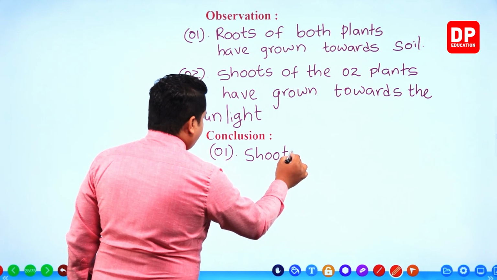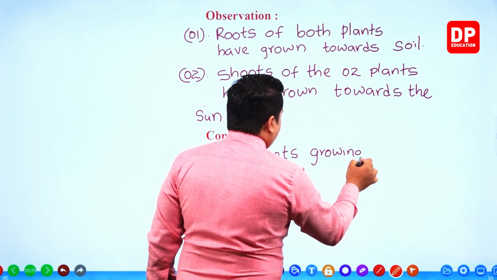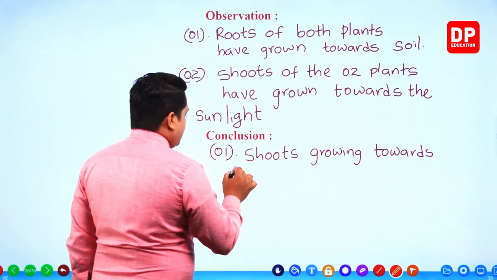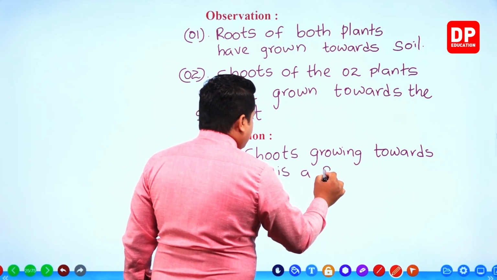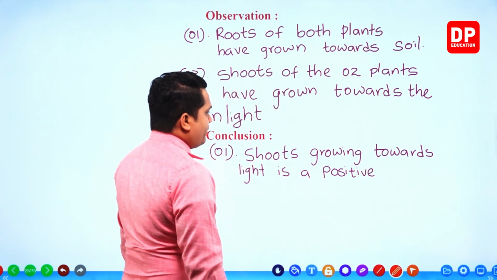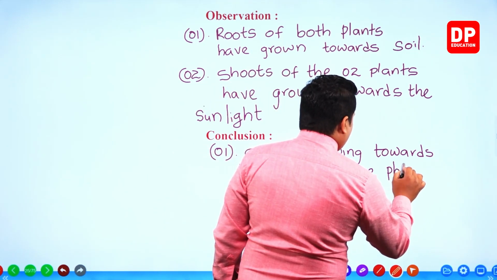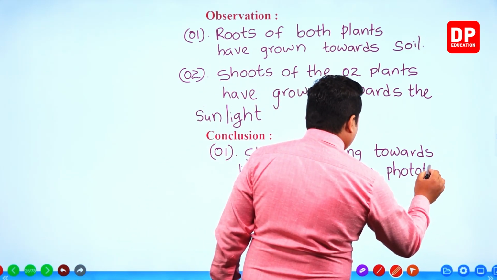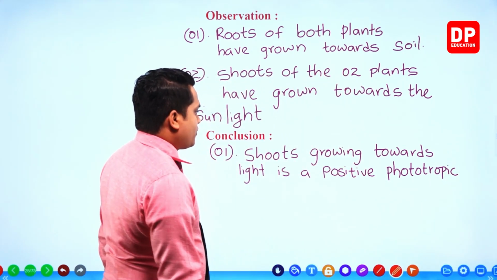shoots growing towards light is a positive phototrophic movement.